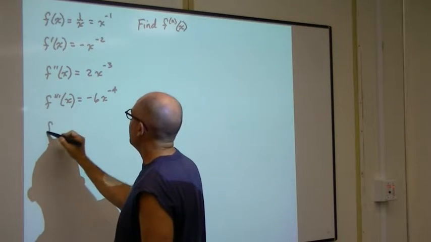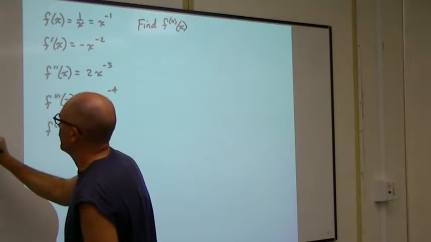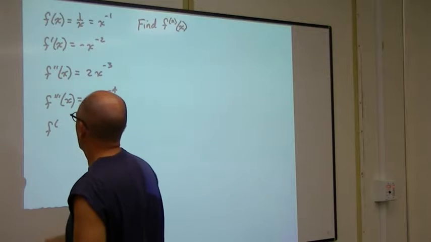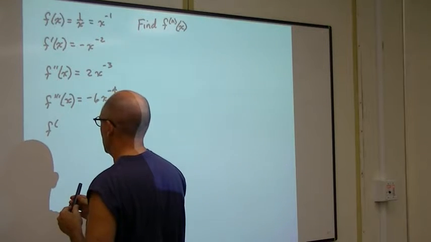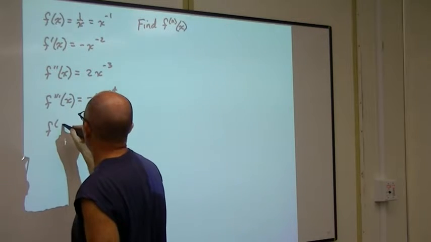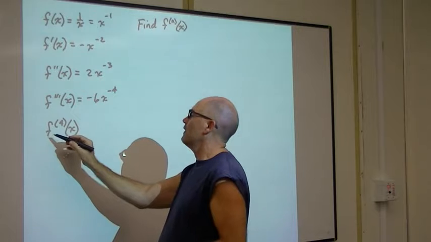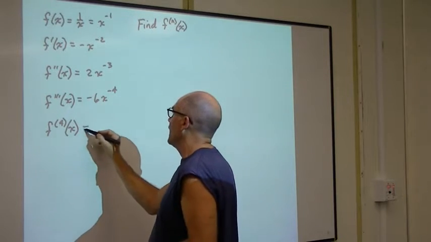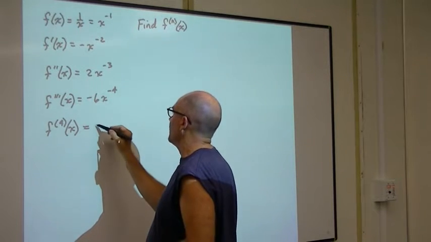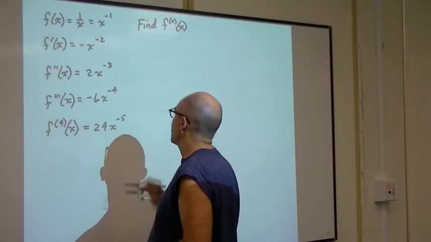And then the fourth derivative of f with respect to x is going to be negative 4 times negative 6, which is positive 24, x to the negative 5th.